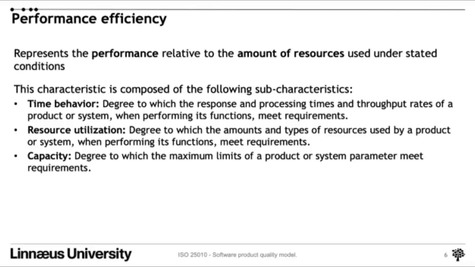And then finally we have the capacity, which is the degree to which the maximum limits of a product or system parameter meet the requirements. Okay, so you have to check when you will consume all the resources that you have available.